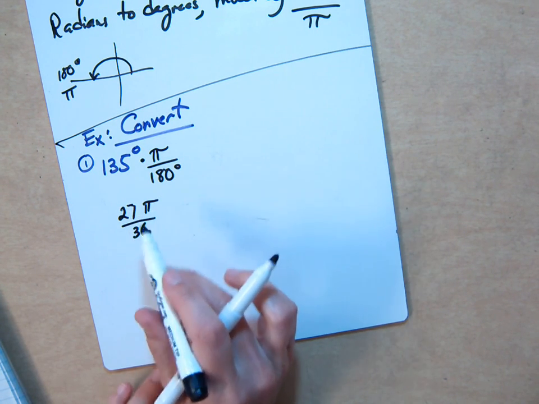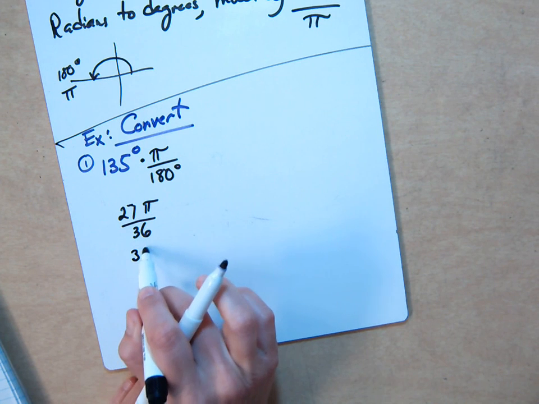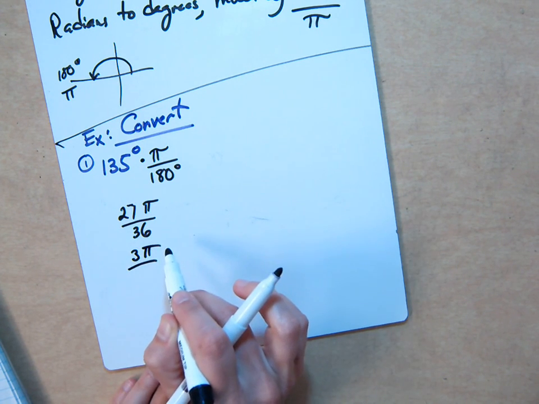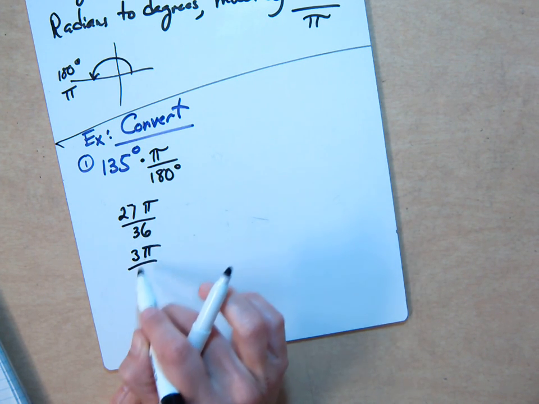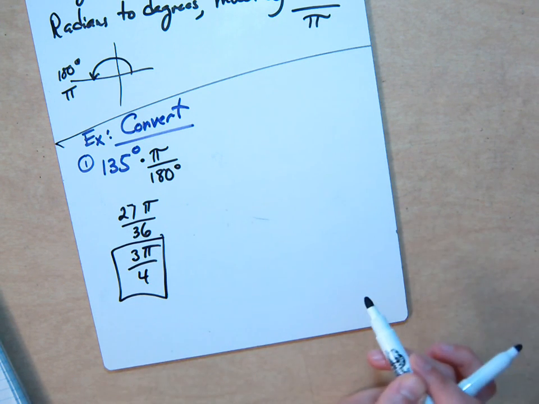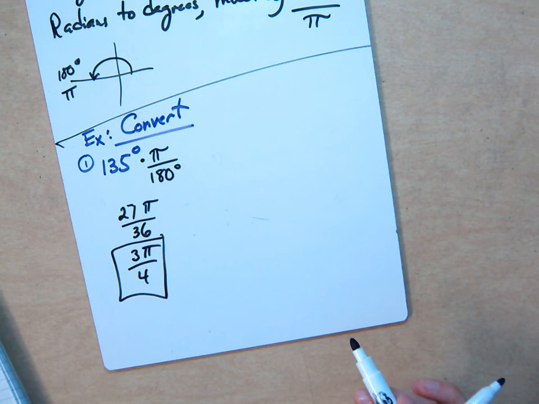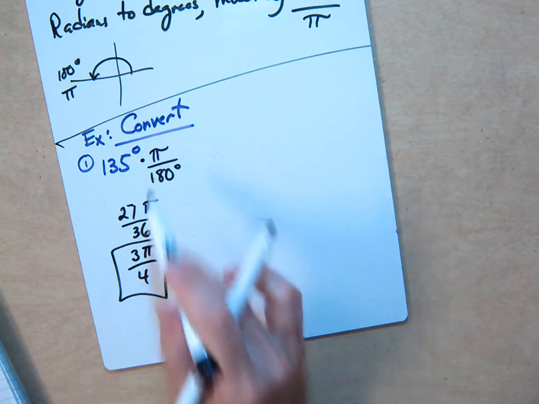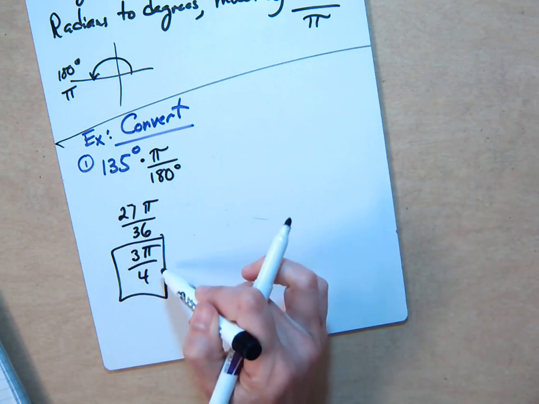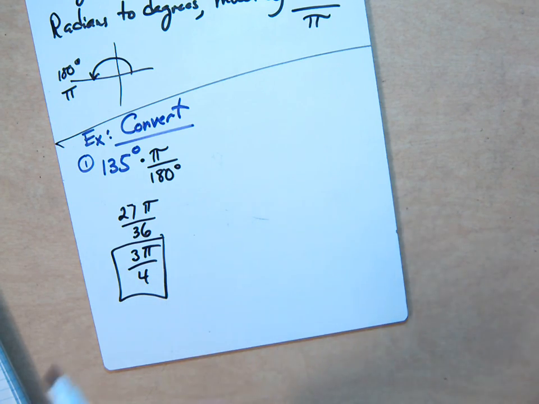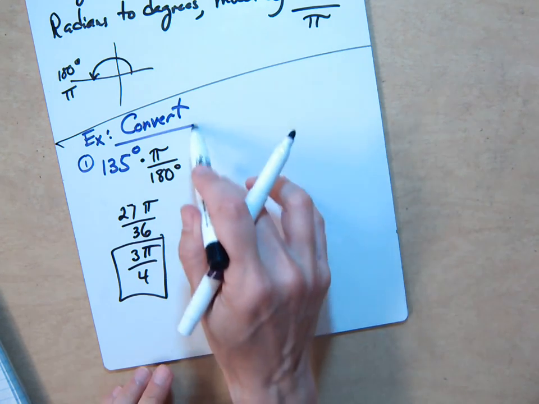I think 9. 9 goes into here 3 times, and 9 goes into here 4. Good. So it's 3 pi over 4. Eventually, we're going to look at the unit circle and the geometry in it, and you'll just know to go from 135 degrees to 3 pi over 4 straight away without having to do this arithmetic.